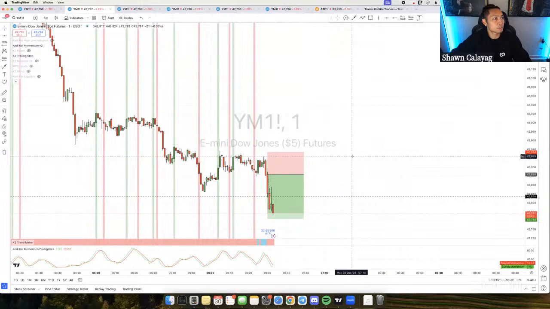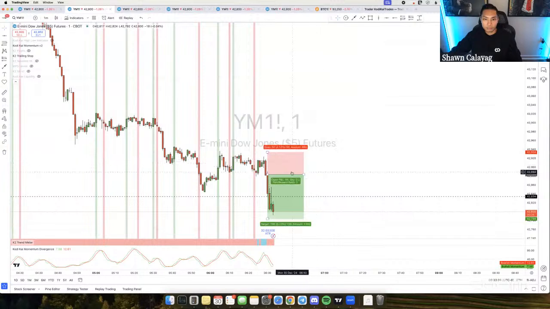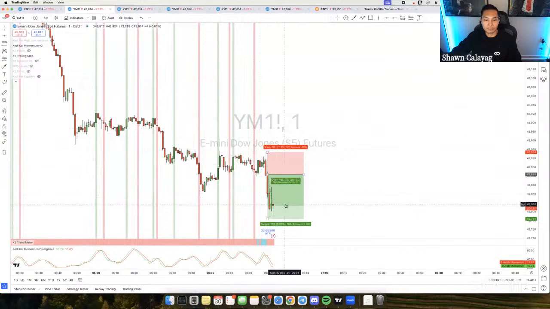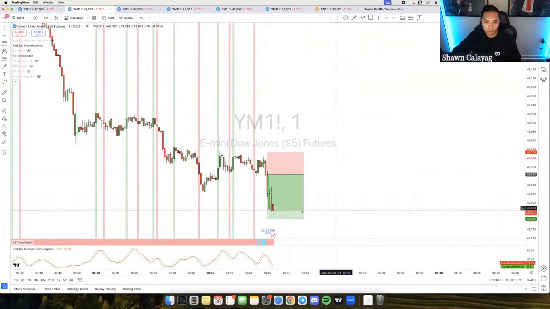Once I get that retracement, then I'll be looking for some scalps. We got it coming down to full TP right here. The volatility still isn't super high yet, so obviously I'm going to be a little careful with my entries. We're almost there right now. Price is pushing down almost to its full TP.